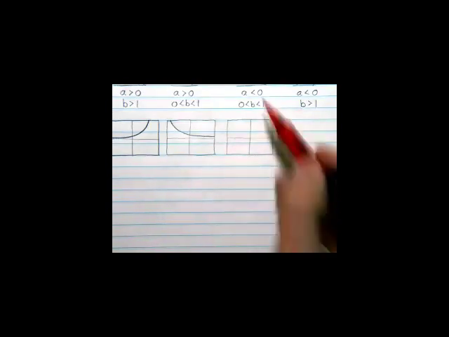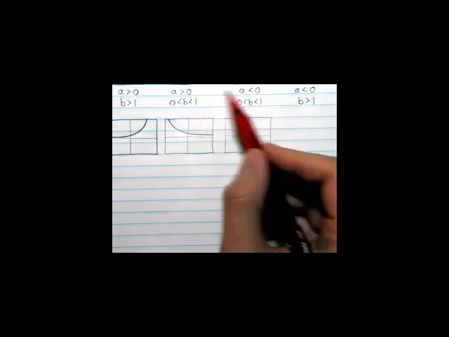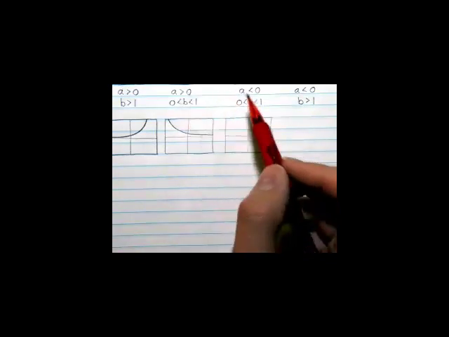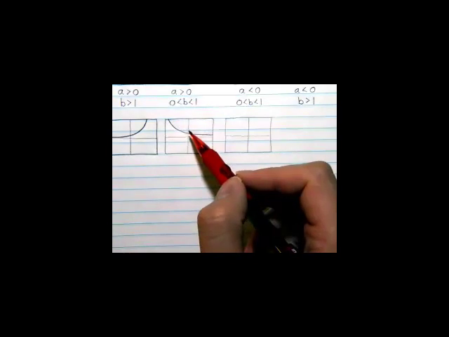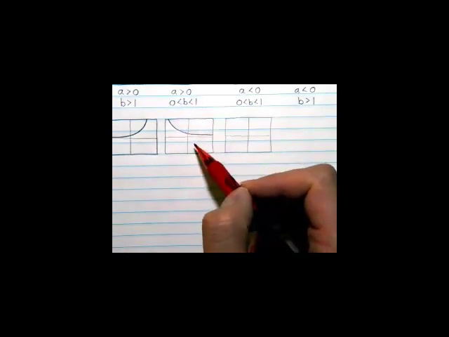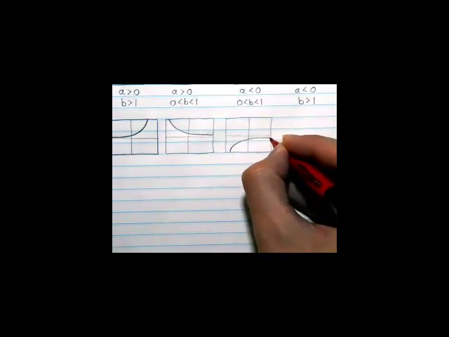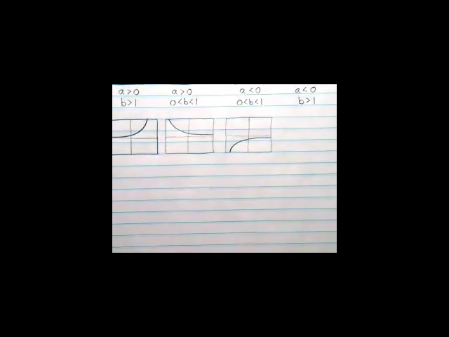Okay, so do you see how this growth and this decay are pretty much the same thing, except now A is negative compared to being positive? So this graph here, this one we're about to do, is the exact same thing as this one, just reflected down over the x-axis. So it looks like this. Do you see how a reflection of this second one down to here turns a decay into a growth?